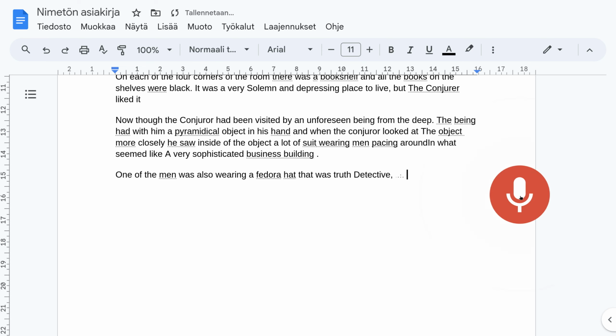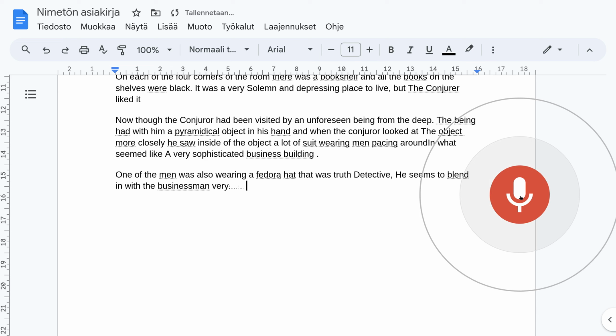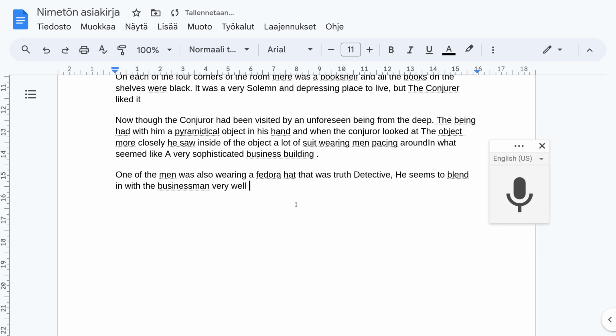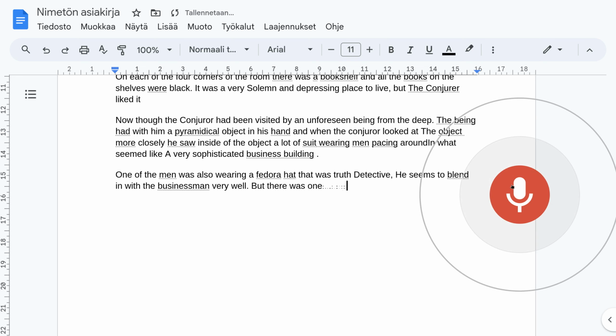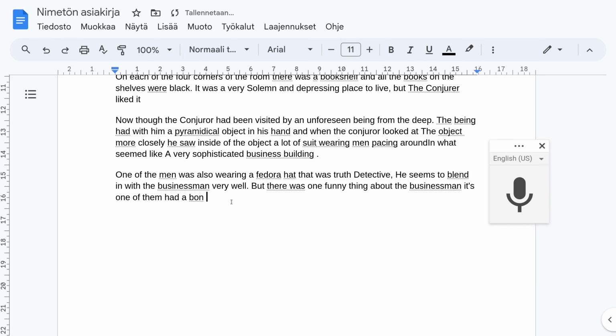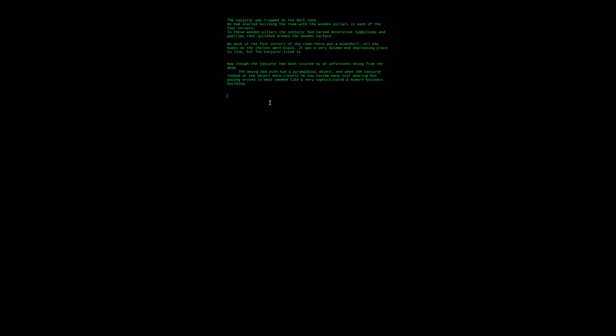He seemed to blend in with the businessmen very well. But there was one funny thing about the businessmen. Each one of them had a boner. That's pretty funny.